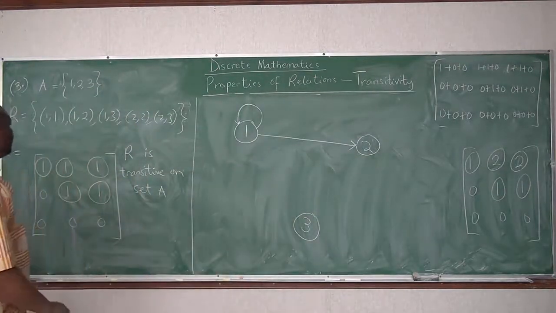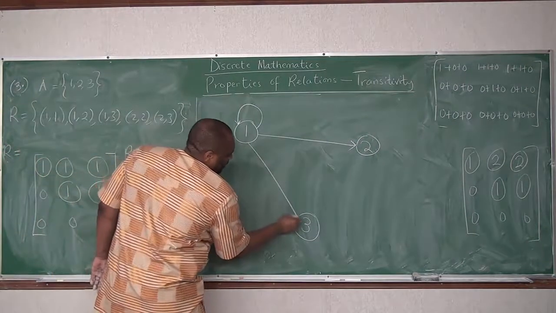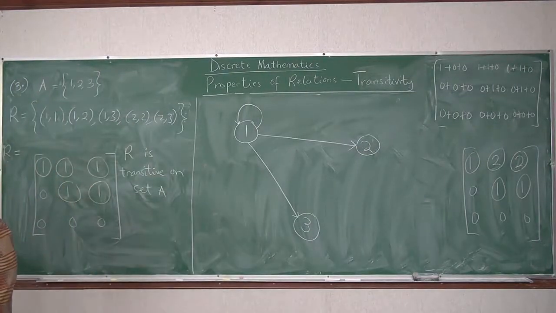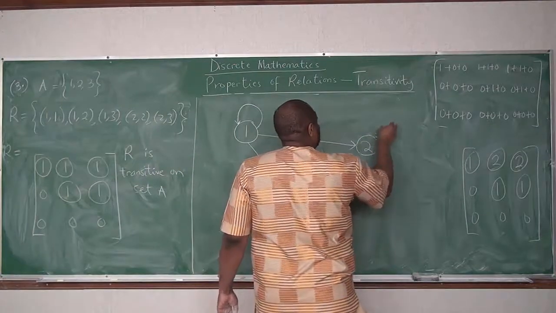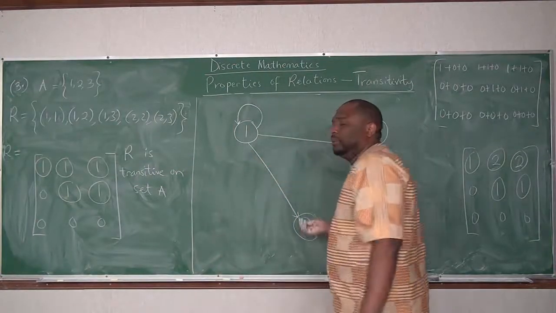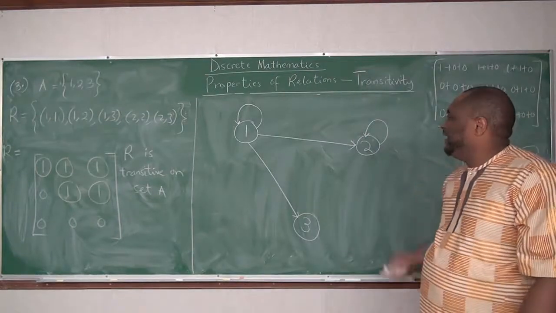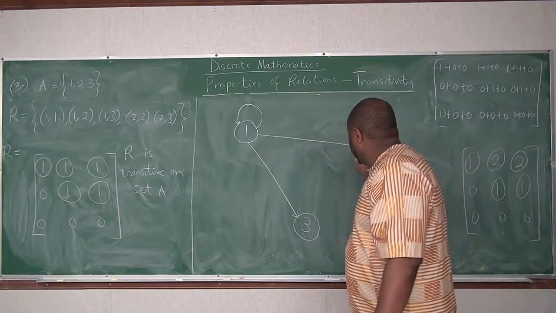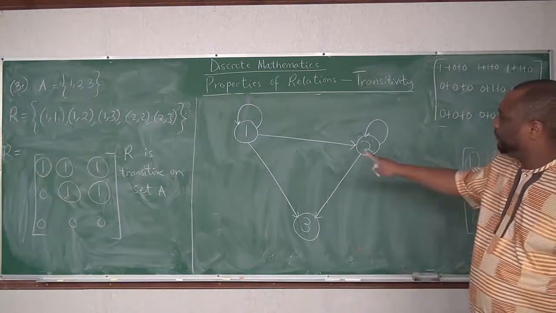We have 1 to 3, the edge from 1 to 3. Then 2 to 2 is a loop. Some textbooks will say cycle of length 1, but it's a loop. And then you have 2 to 3. So as you can see here, you have a complete triangle.